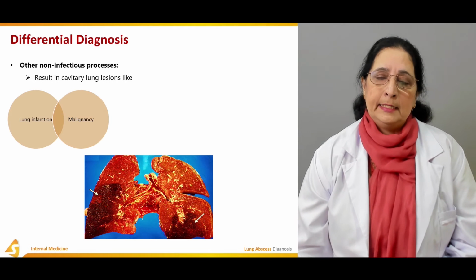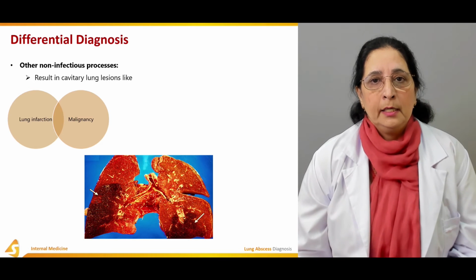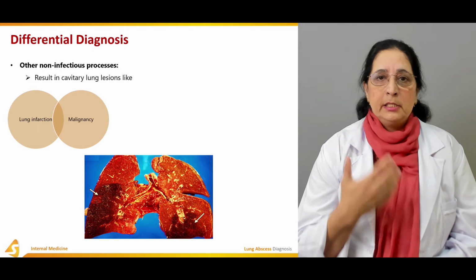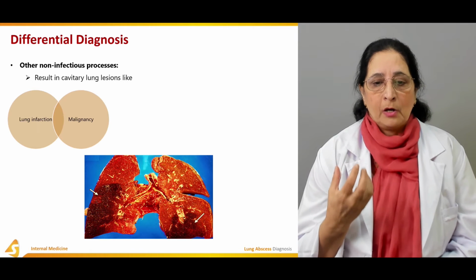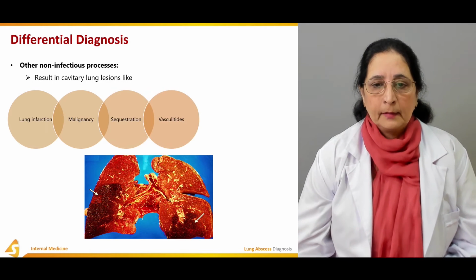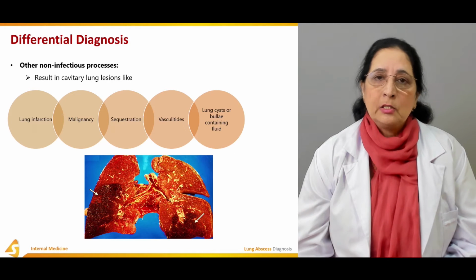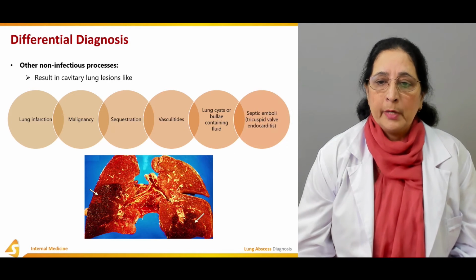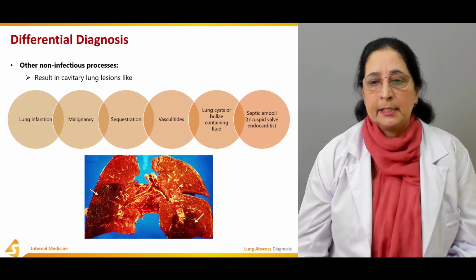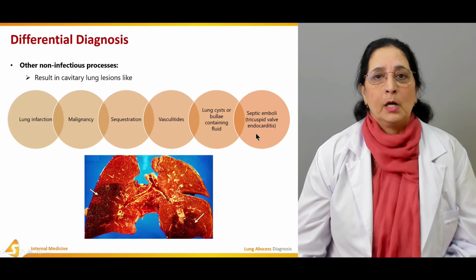Any malignancy or carcinoma can also be in the differential diagnosis. These can lead to the formation of cavity. Sequestration, vasculitis, lung cyst or bullae containing fluid, not abscess, septic emboli from tricuspid valve endocarditis.